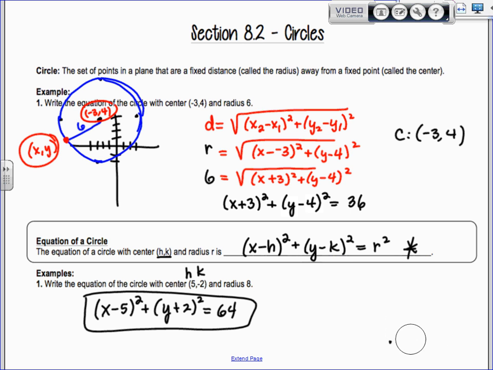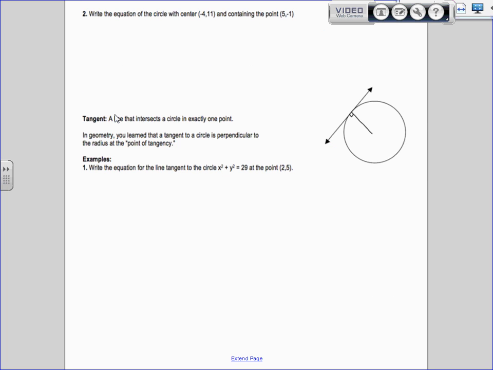So we don't have the radius on this next problem. Okay, so I'm going to set up my equation. I'm going to start with x minus h squared plus y minus k squared equals r squared. And I know my h and my k. My h is -4, so I'm going to have x plus 4 squared, and I'm going to have y minus 11 squared, and then I'm going to say equals r squared.